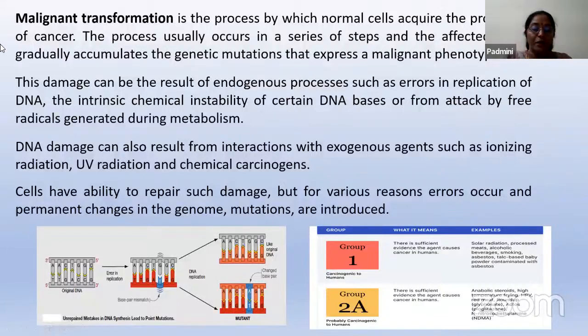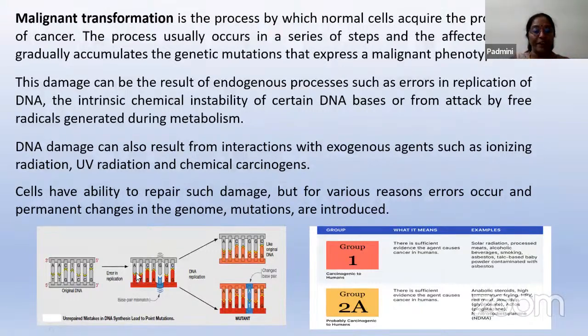That leads to a malignant phenotype. This damage can be a result of endogenous processes inside, such as errors in replication, intrinsic chemical instability of certain DNA bases, or the attack of free radicals generated during metabolism.